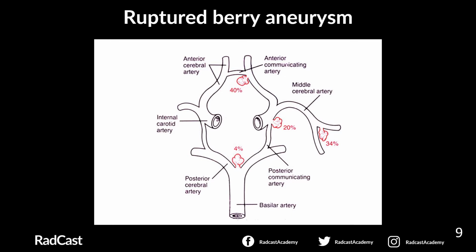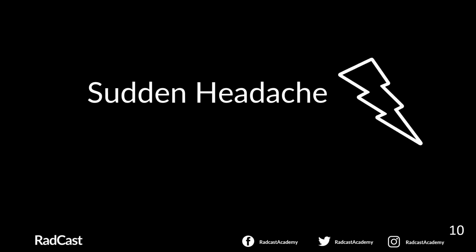Most aneurysms arise at anterior branching points along the circle of Willis. It is important to know that 90% of these aneurysms are found in anterior circulation, and anterior communicating artery aneurysm forms about 30 to 40% of the anterior circulation aneurysms.